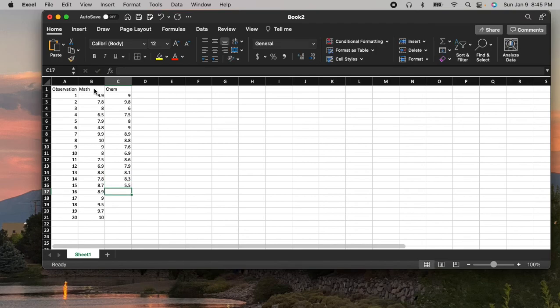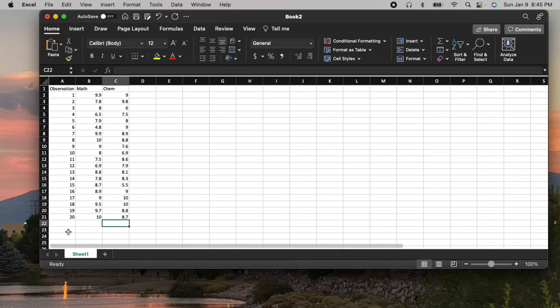This guy didn't do too well, so let's say this one did well, 9. This guy scored a 10. Let's do another 10, 8.8, 8.8, and 8.7.